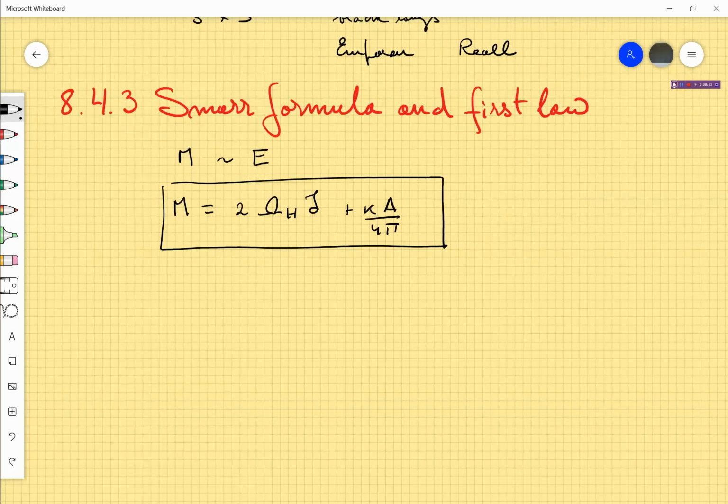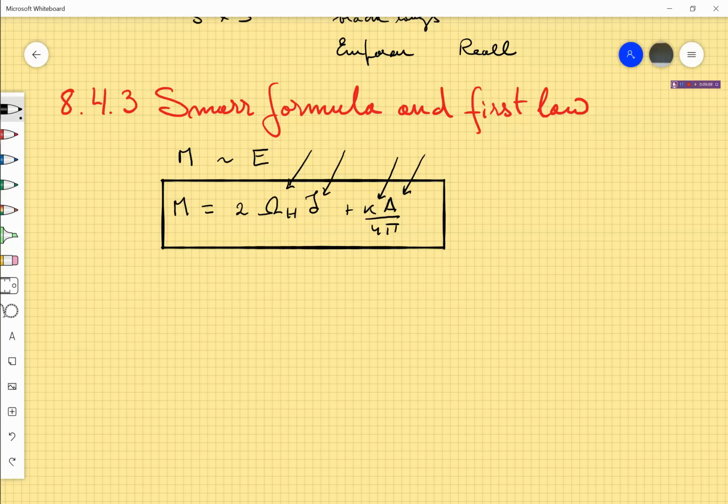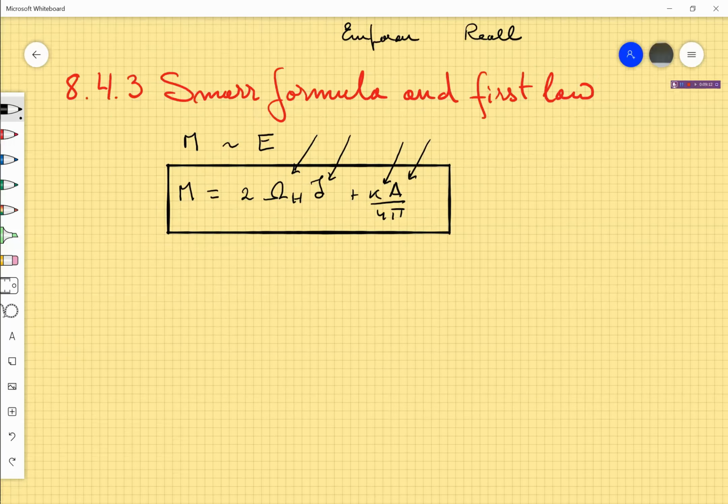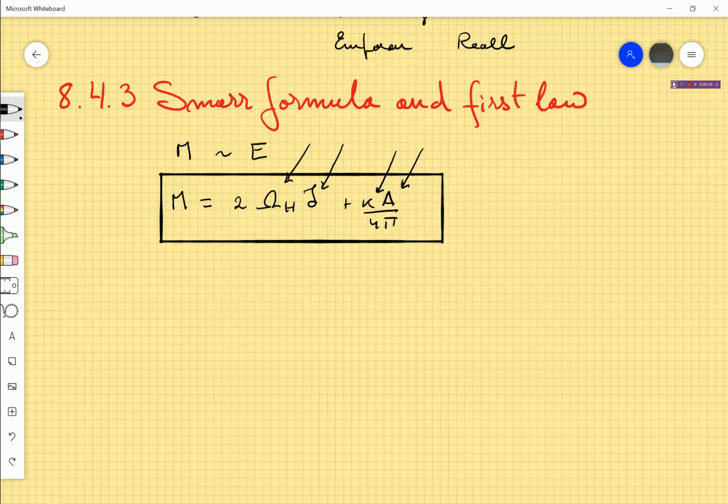So we have talked about the surface gravity, the area of the horizon, but also in the case of the Kerr black hole, the angular velocity of the horizon, and the angular momentum. Well, if kappa is analogous to the temperature and A is analogous to S, this looks like thermodynamical potentials, and this is the total energy.